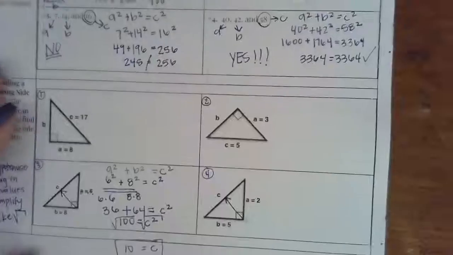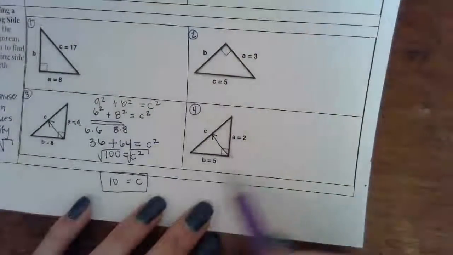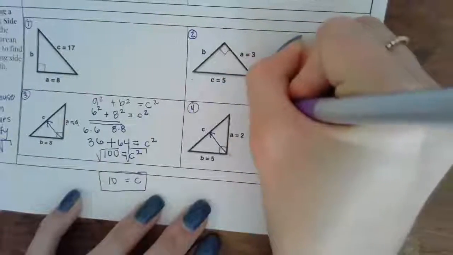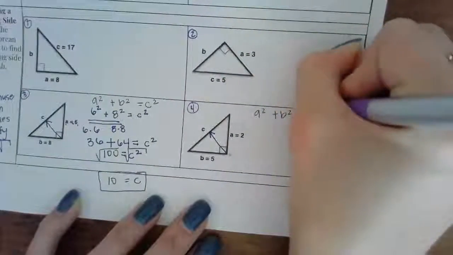All right, I'm going to work one more with you. So this right here, on this one, Pythagorean theorem, a squared plus b squared equals c squared.